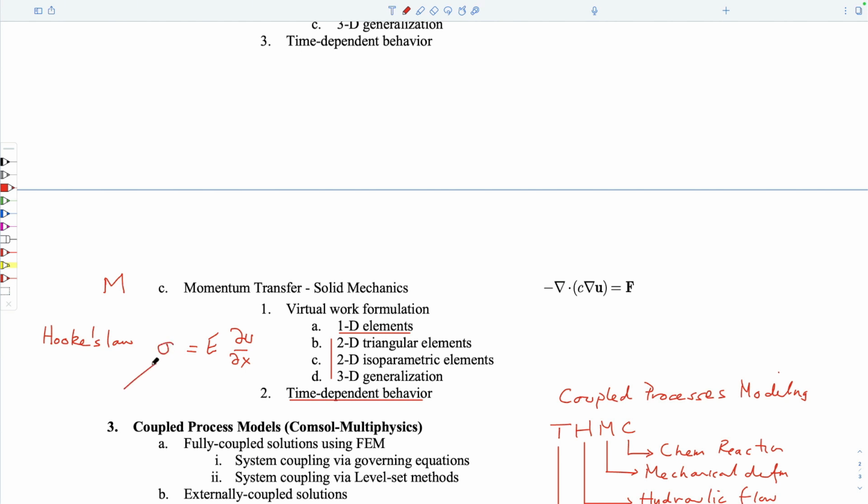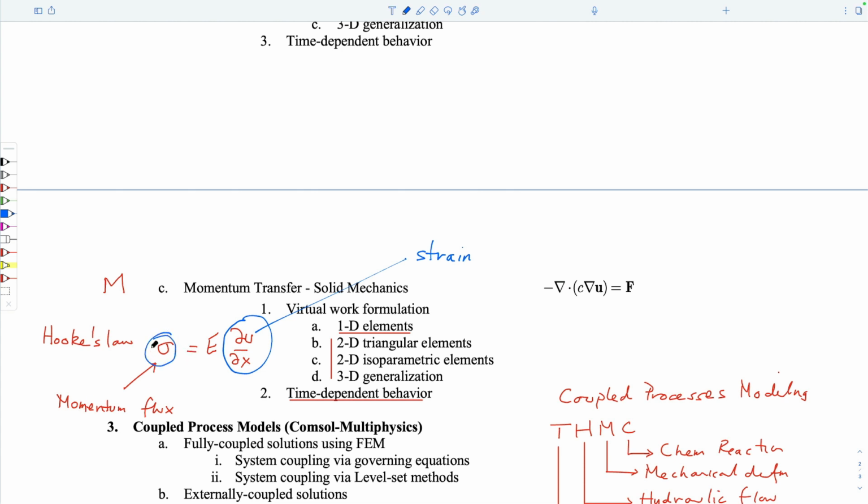And actually you could think of this as a momentum flux. So this is Hooke's law, and of course the components of this are that this is a displacement gradient. Some people would call it strain, how displacement varies in space, and this is a momentum flux, which we just defined.